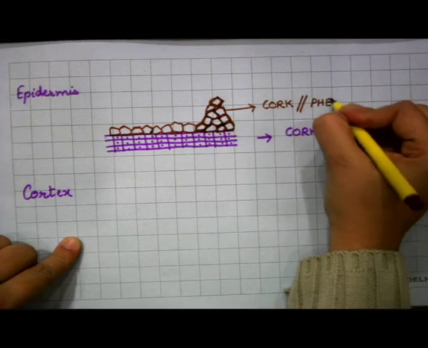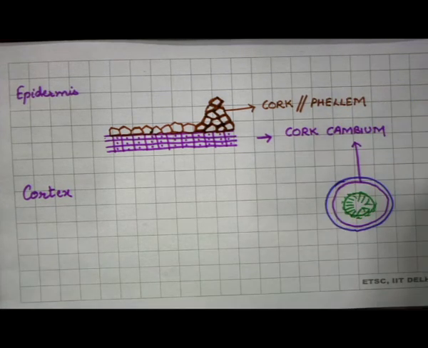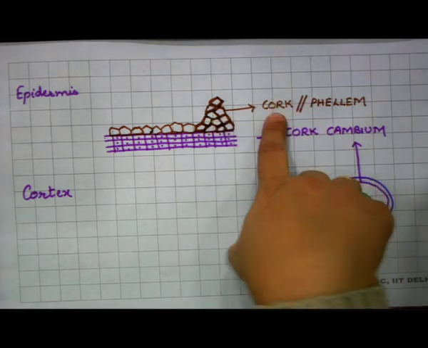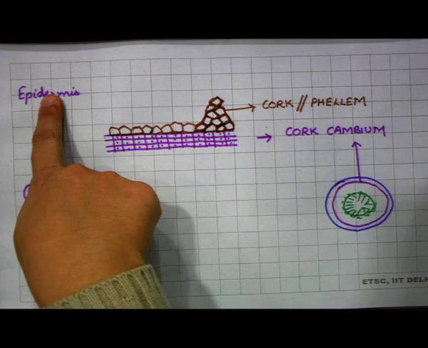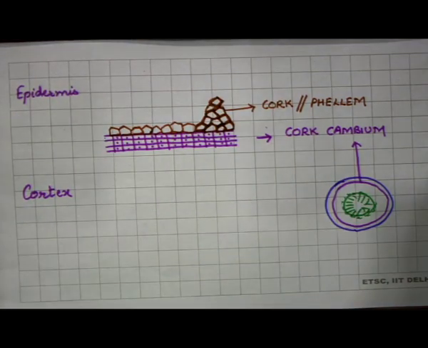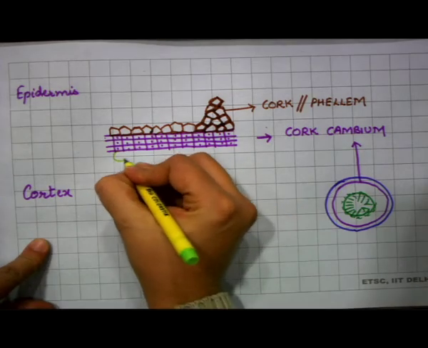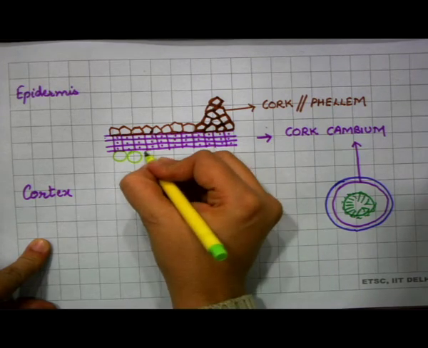Cork is also known as the phellem. The cork cambium is producing a lot of cork cells towards the epidermis, towards the outer side of the stem. On the inner side, however, it is producing the secondary cortex. Can you see this color? Okay.